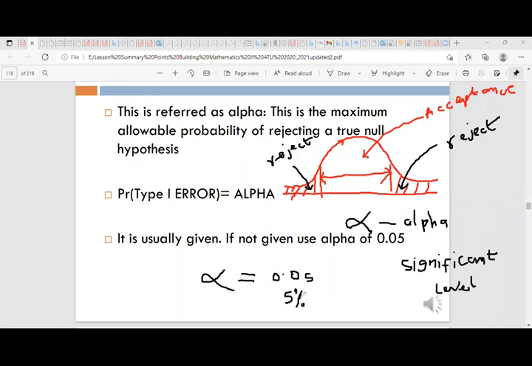So when we say alpha of 5%, we mean 5 divided by 100, which is 0.05. If your alpha is 0.05, meaning the rejection region is 5%, then the acceptance region will be 95%. So alpha is 5%.